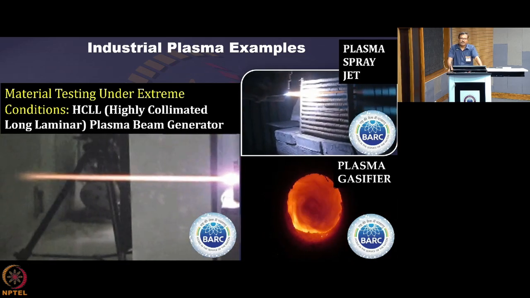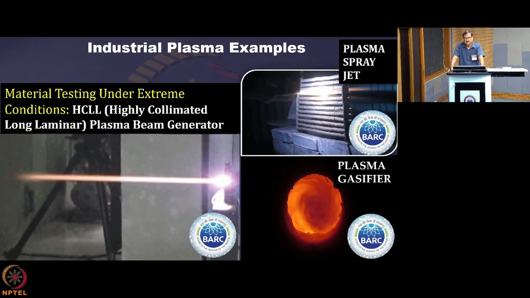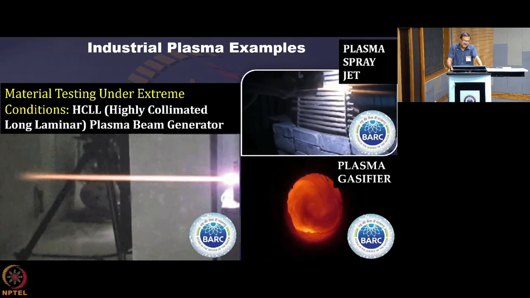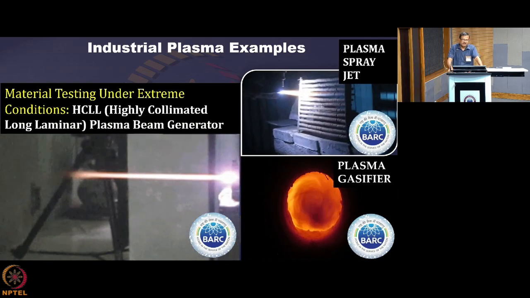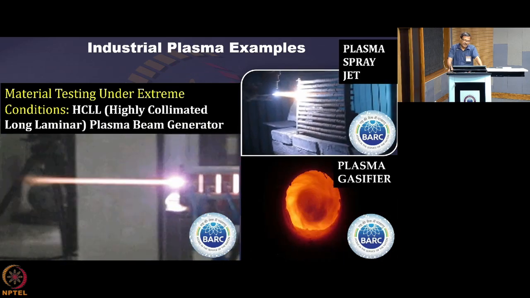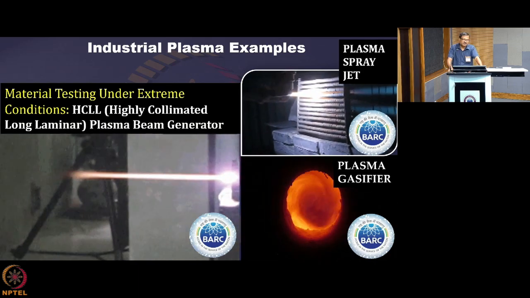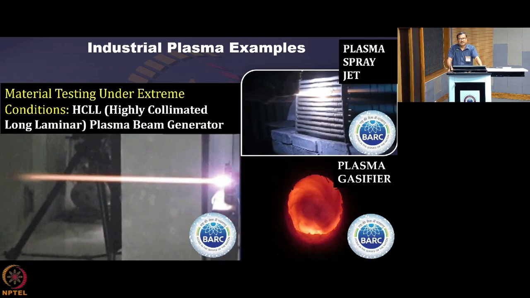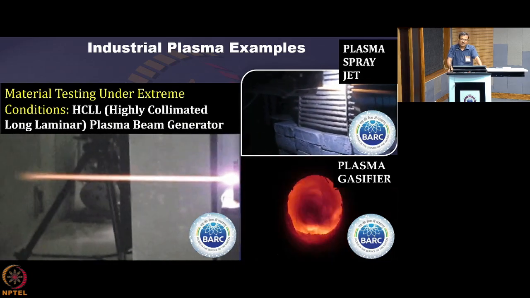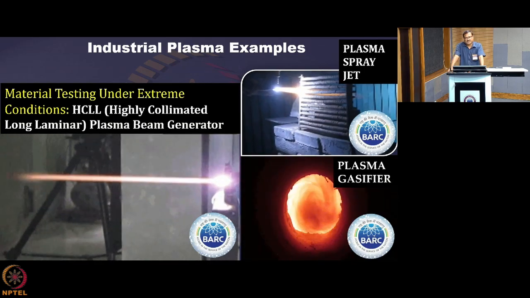So people use a coating of, say, yttrium oxide or aluminum oxide. But if you want to coat that, the first thing is you need to melt it. While it is in molten state, you have to apply it on the material at high speed so that it impacts on the substrate and makes a very strong adhesive bond. That will protect the surface.